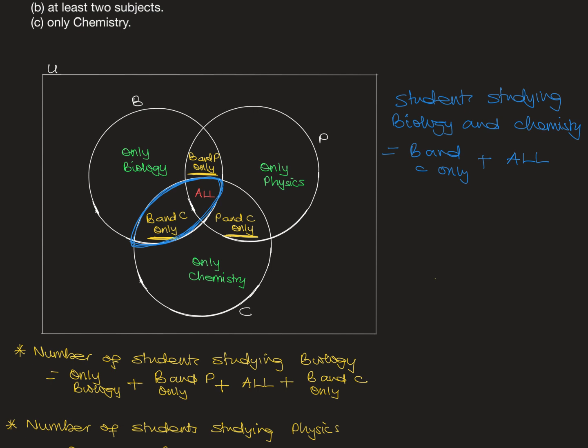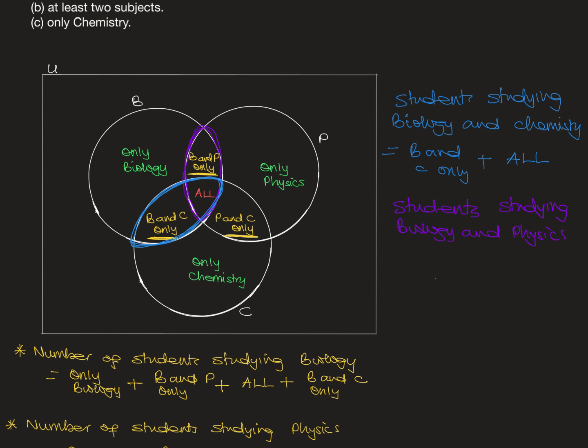So what if I say students studying biology and physics? Where do I identify them? Biology and physics will be this.